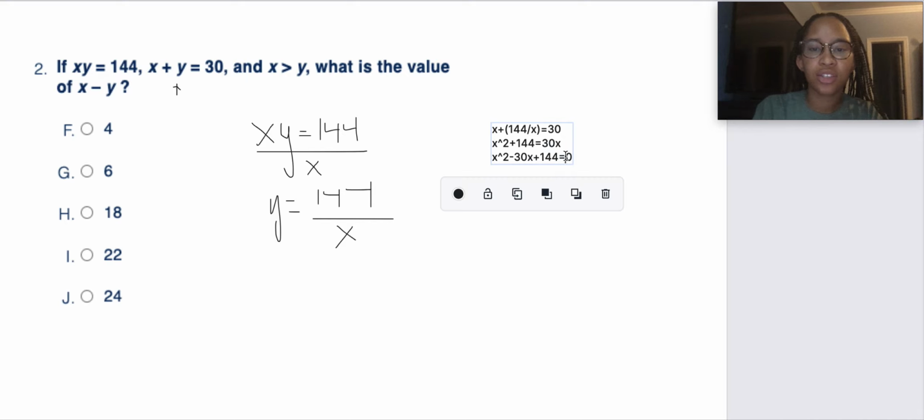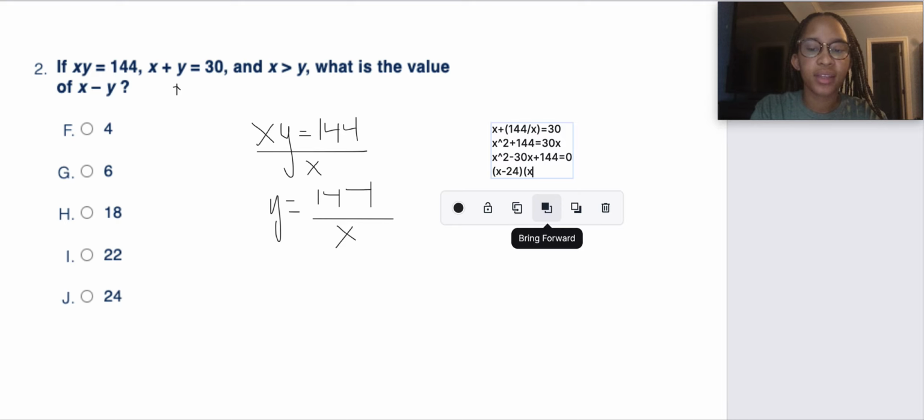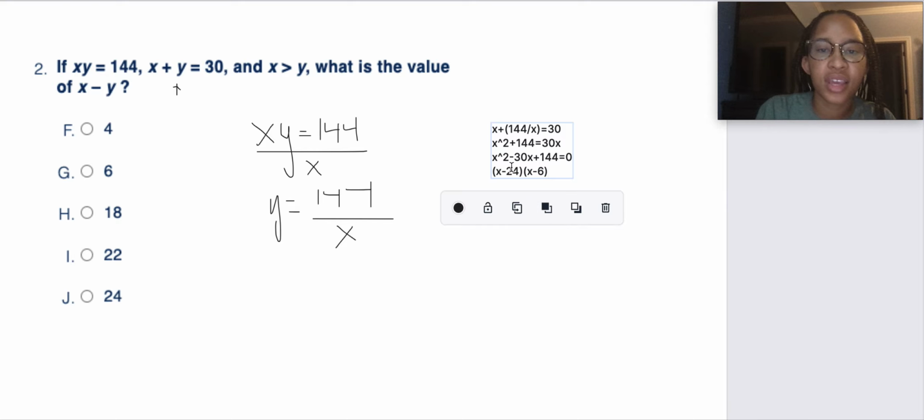So this turns into x minus 24 times x minus 6. And we can see negative 24 times negative 6 is going to be positive 144.